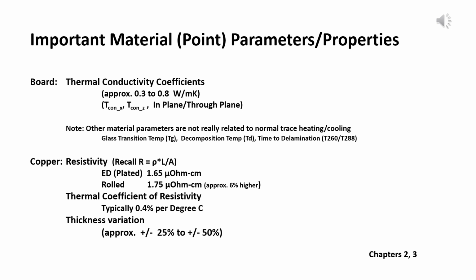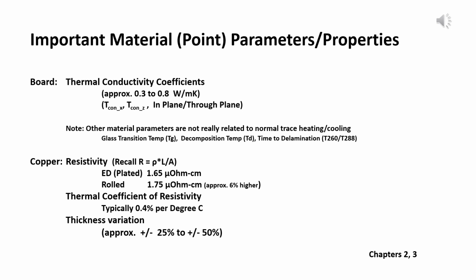The first is resistivity. Recall that resistance is equal to resistivity times the length divided by the conducting cross-sectional area. For electrodeposited or plated copper, which is pure copper, the resistivity is 1.65 microohm centimeters. For rolled copper, which is formulated from an ingot that has impurities, the resistivity is a little higher.